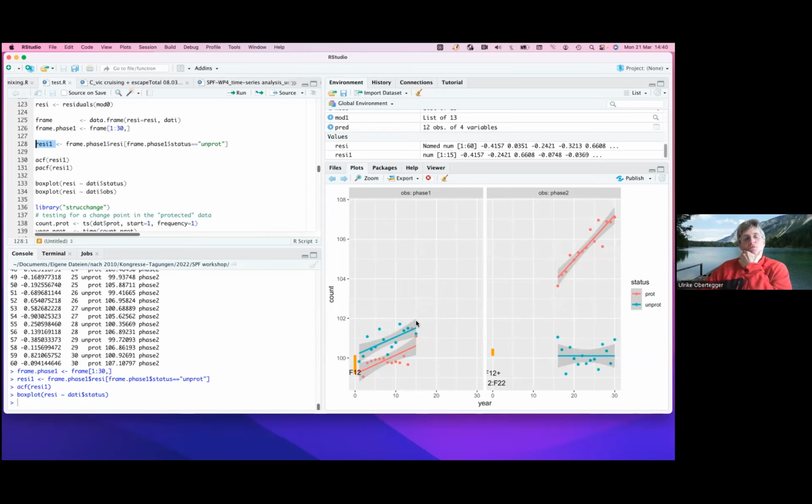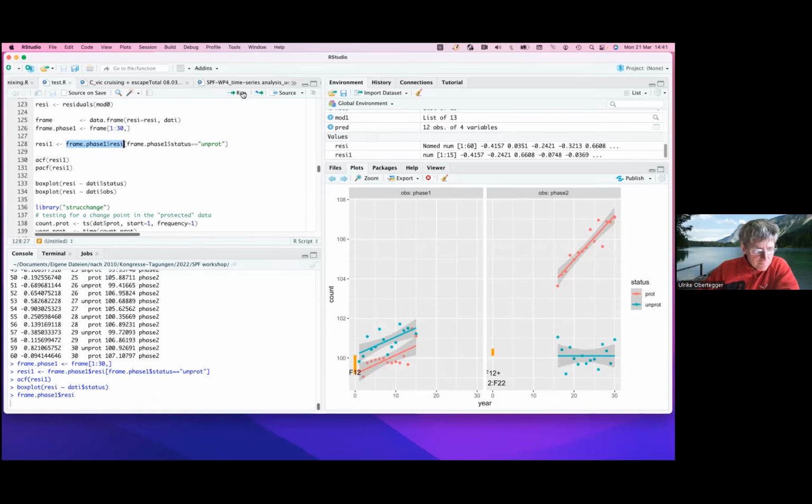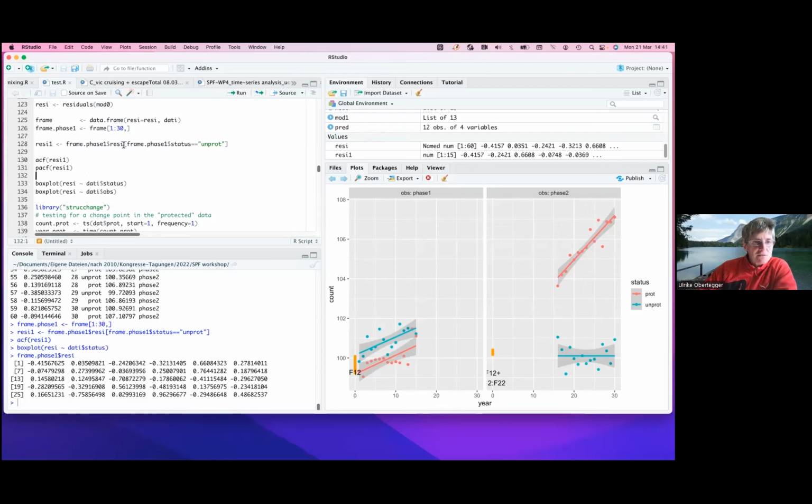With just testing for temporal correlation, we are safe. I excuse everybody for this little error.